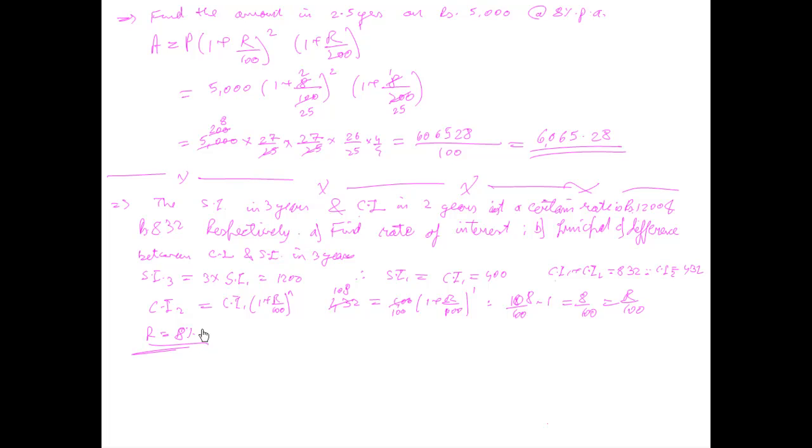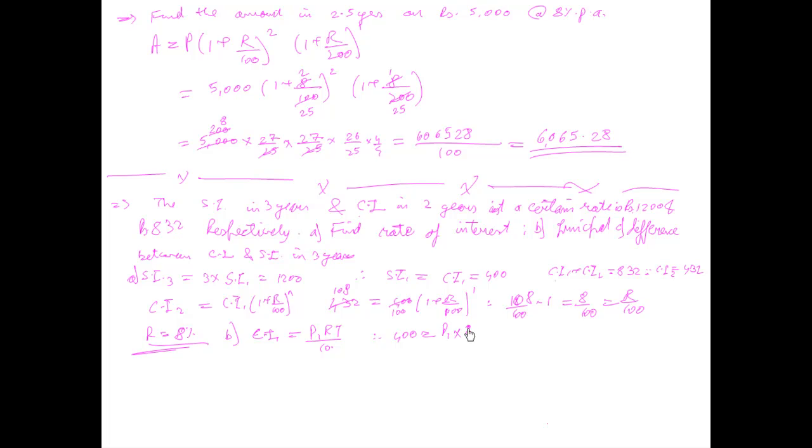First part. If you know the rate children, we can find out the principal. That's CI1 is equal to PRT upon 100. Children, compound interest for the first year is 400 rupees. Principal for the first year is not known.